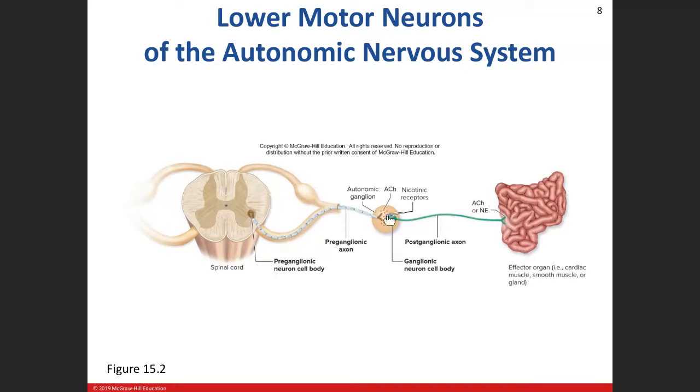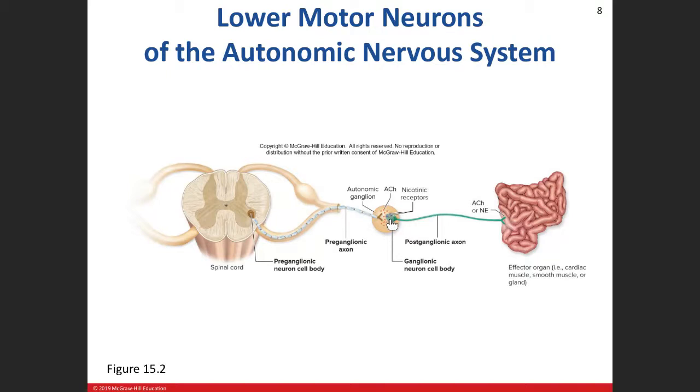All right, and then they're going to synapse onto the postganglionic neuron, and where they do, it's called an autonomic ganglion. A couple different locations. Let me back up. The neurotransmitter released from the preganglionic neuron onto the postganglionic neuron is acetylcholine.